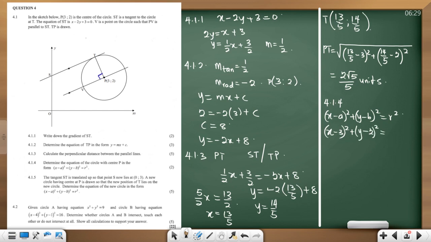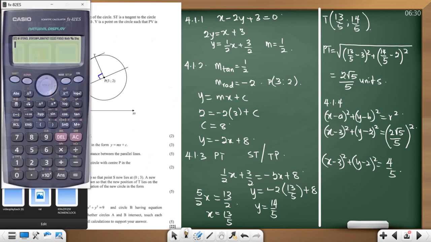Now we have our radius, because the radius is that PT. So it's 2 root 5 over 5, all squared, plus (y minus 2) squared. If you simplify, root 5 times root 5 gives us 5, which cancels one of the 5s, so I have 4 over 5.